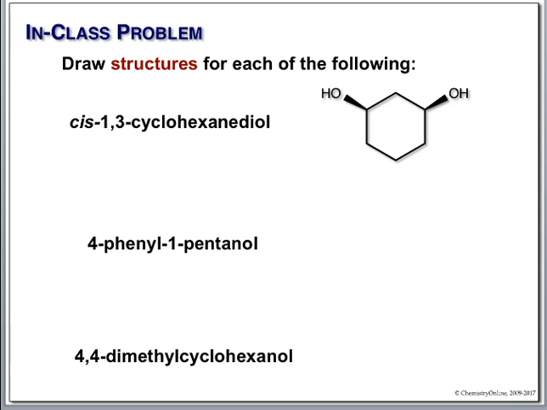1-pentanol is what we want to draw first. There it is. 1, 2, 3, 4, 5. And at carbon number 4, we're going to have a phenyl group. So that's 1, 2, 3, 4. Phenyl.